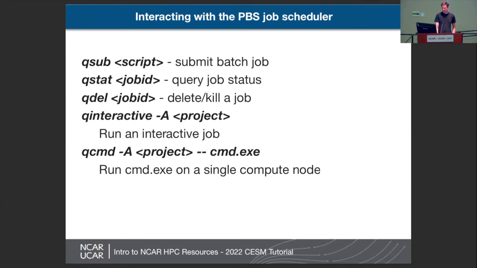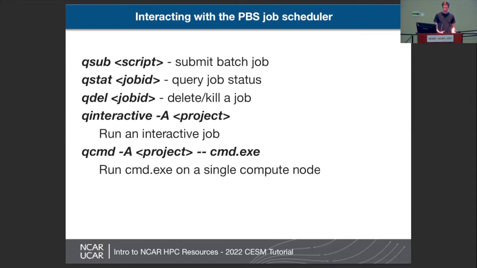So you can do whatever you want on a job if you run it that way. And then qcmd is a command that schedules work to run on a compute node, and you can do anything. So if I wanted to do an ls from a compute node instead of a login node, I could say qcmd, again, -a with the project I want to be charged. The -- separates what you want to run from the command itself. So anything after the -- is what will go off and be run on a compute node.